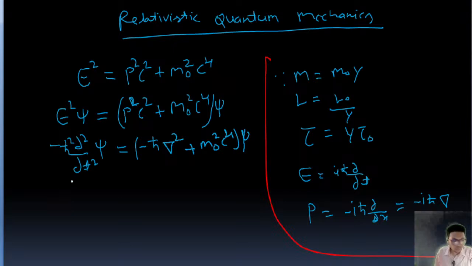Now what we can do is multiply by 1 upon h cut square c square on both sides.